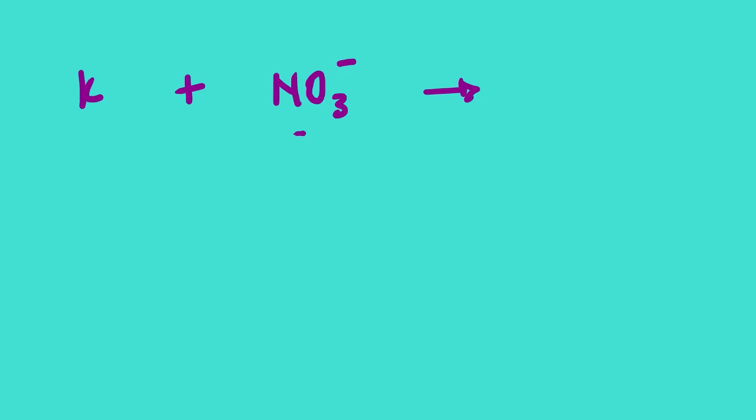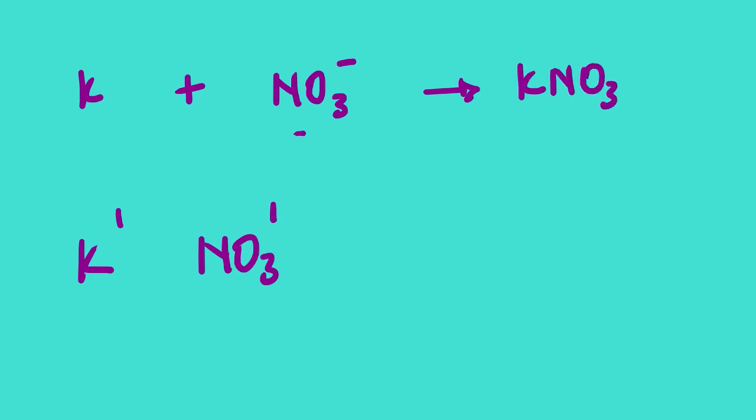So in this case, we know that potassium is from group number 1, so it has 1, and then reacting with nitrate, which also has 1. When you cross multiply, we are going to have potassium nitrate. This, we regard as a complex ion.